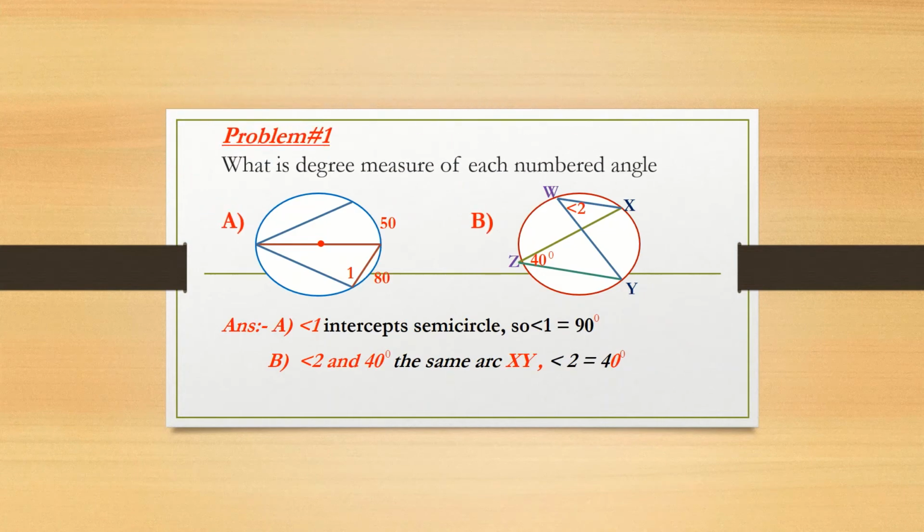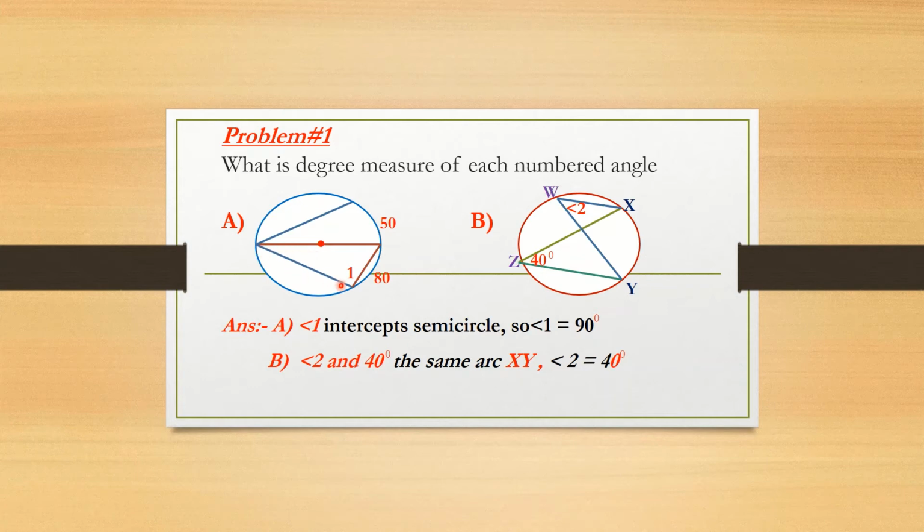Problem number 1. What is the degree measure of each numbered angle? In part A, what's the degree measure of angle 1? In part B, what's the degree measure of angle 2? Let's begin with part A. Look at the givens. This arc is 50 degrees and this arc is 80 degrees.